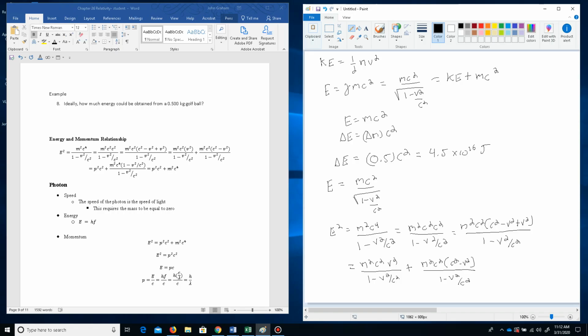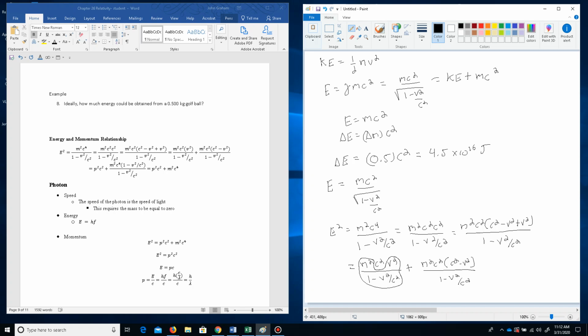This mv squared becomes your momentum squared, along with this 1 minus v squared over c squared. Okay, so that's where this momentum comes in, this section here is your momentum squared.